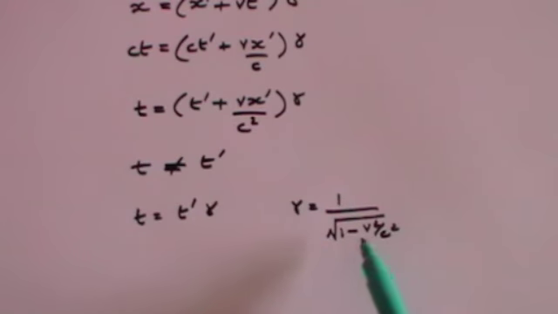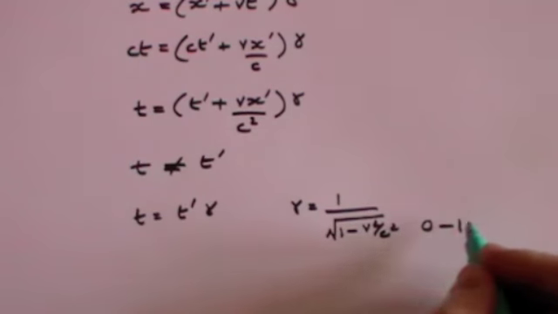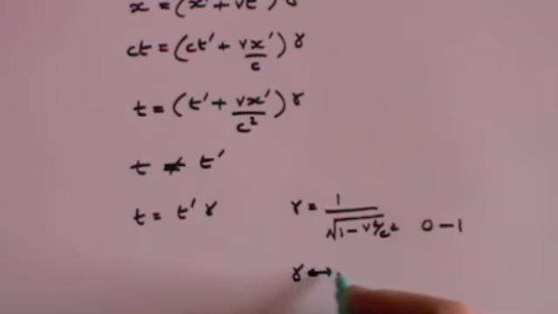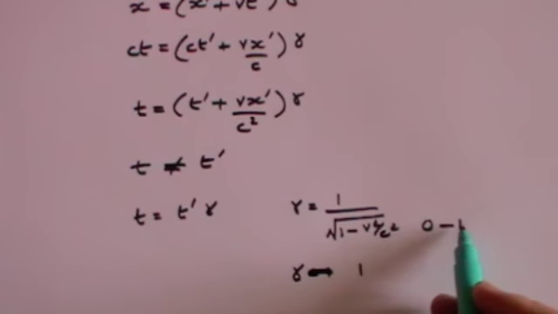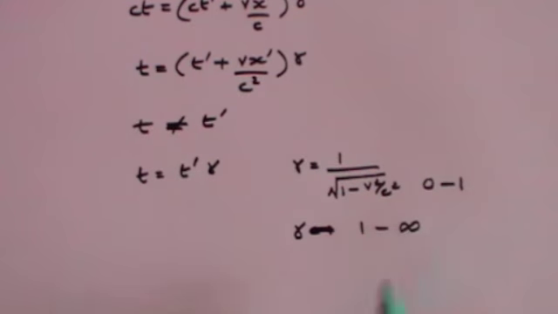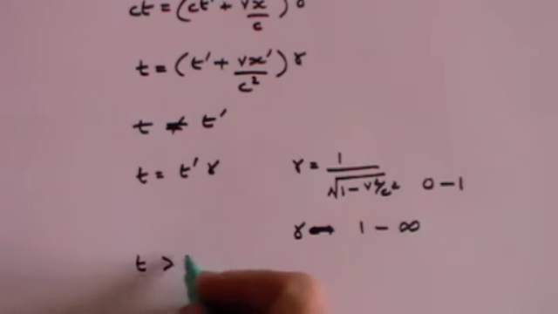If the square root of 1 minus v squared over c squared is between 0 and 1, which is what we showed before, then gamma is going to vary between 1, when the denominator is 1, and infinity, when the denominator is 0. So in other words, gamma is going to be 1 or greater than 1, which means that t is going to be greater than t prime.